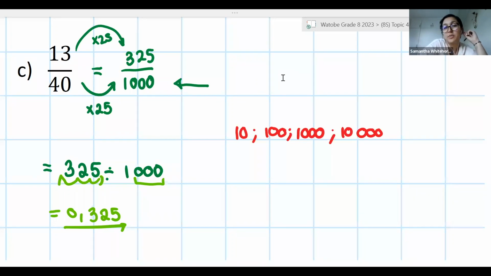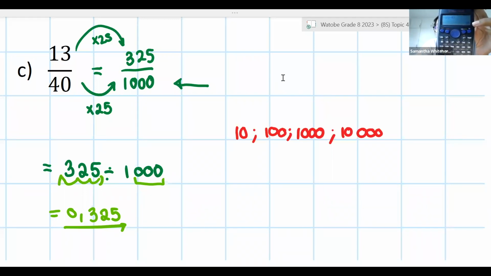Okay, so it is a bit of trial and error. Basically, what I did on my calculator is I knew that I was trying to find a multiple of 10 that I could divide 40 into. So there's different ways you can do it. You can say 100 divided by 40. It gives you a fraction, so I don't like that. If I say 1,000 divided by 40, I get 25.